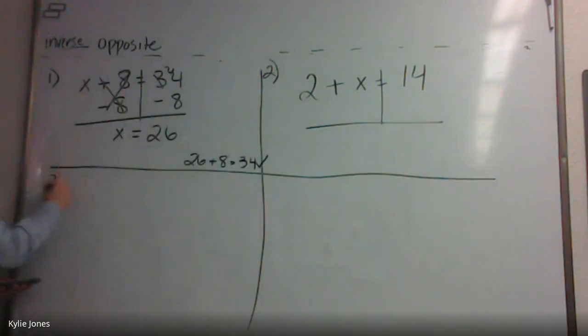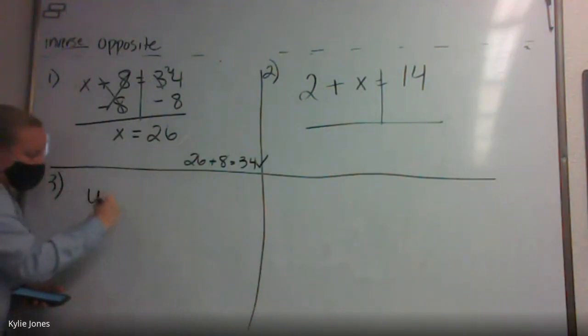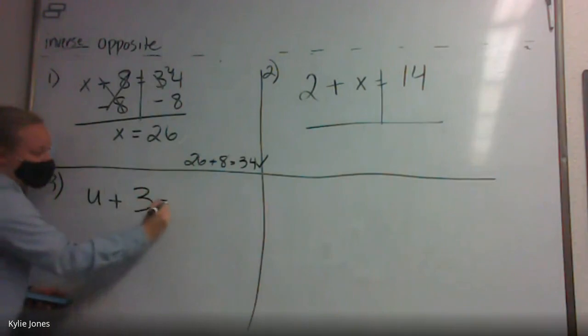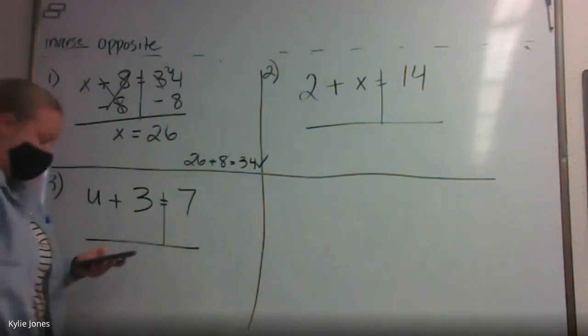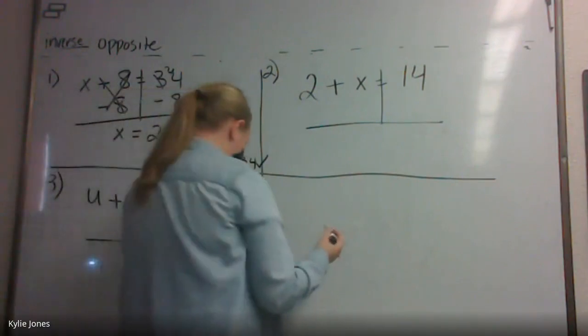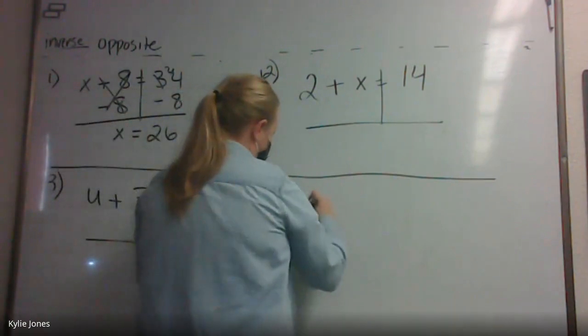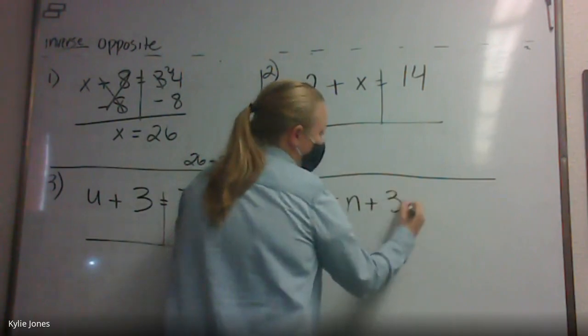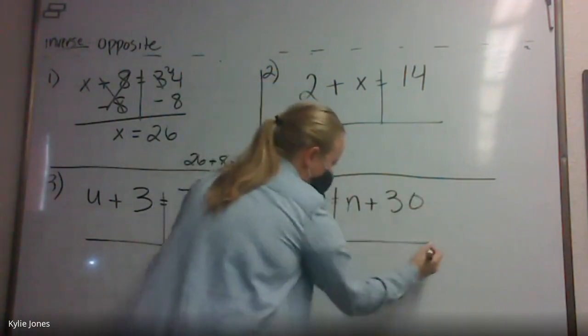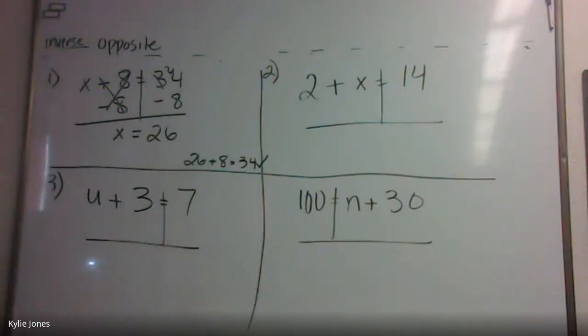Number 3: u plus 3 equals 7. Solve that one. And then let's do 100 equals n plus 30. Go ahead and solve these 3.